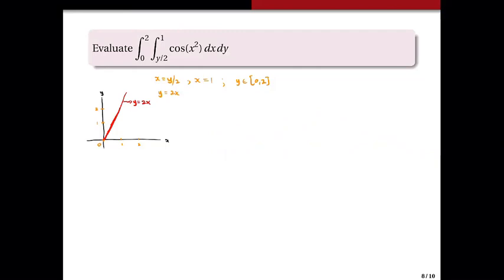Until x equals 1. This is your x equals 1. So let's draw that line x equals 1. What does this mean? With respect to x, the x will run from the line x equals y over 2 until x equals 1.